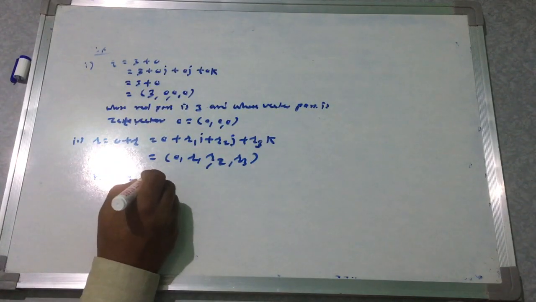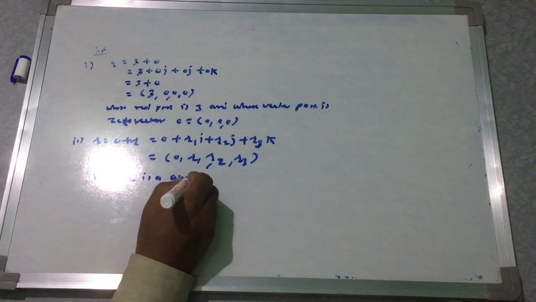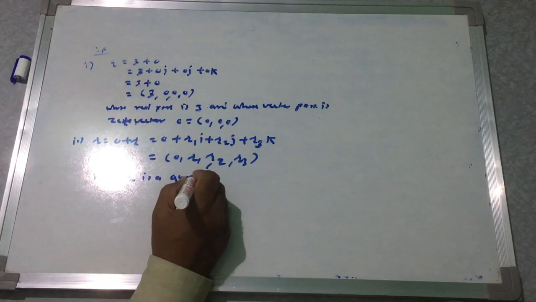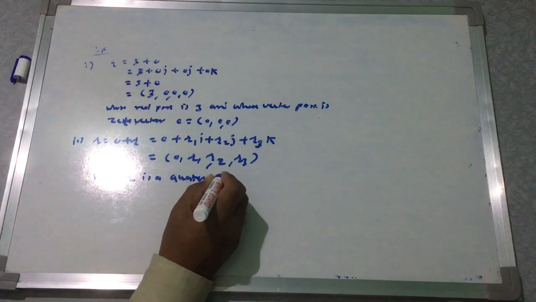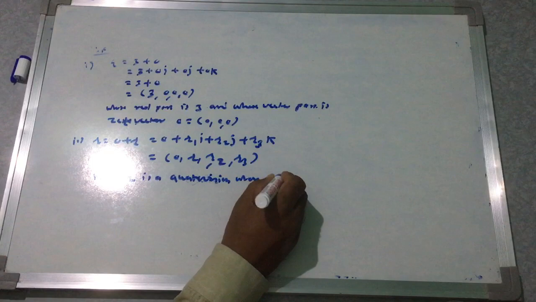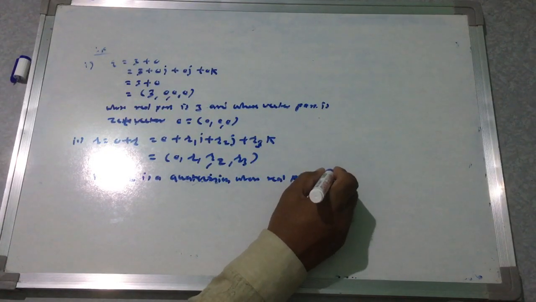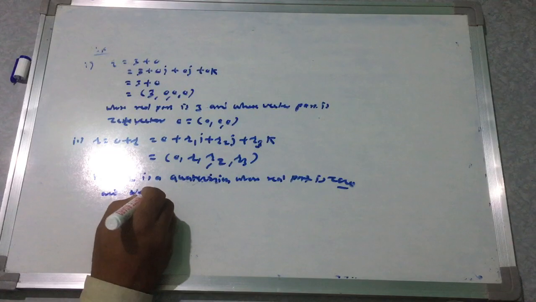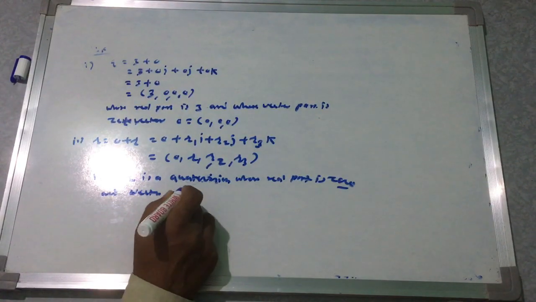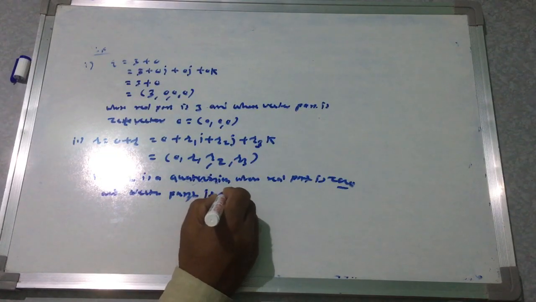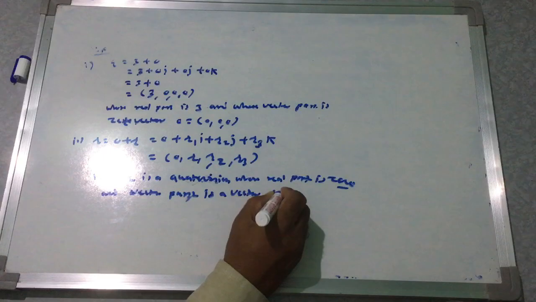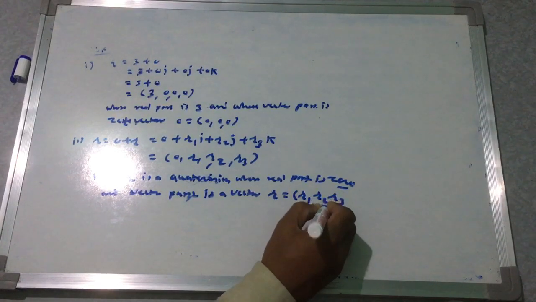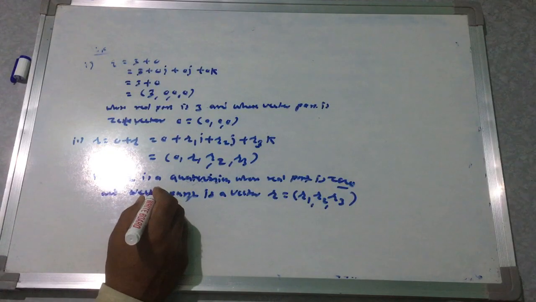Here R is a quaternion whose real part is 0 and whose vector part is the vector R = (R1, R2, R3). So likewise these are the examples.